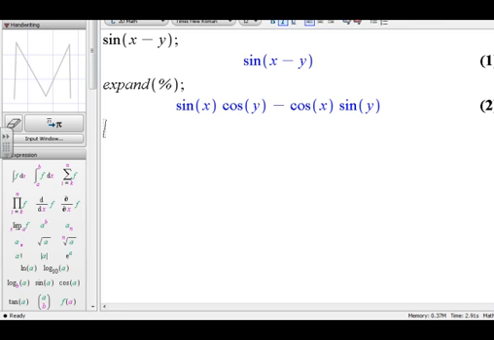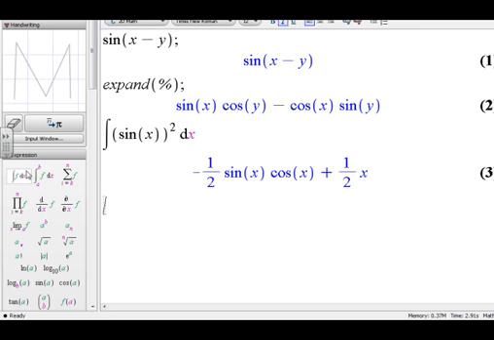We'll go back to Maple again. So I want the integral of sine x squared, and we'll put parentheses there and here. All right, that's what I thought it was. So 1/2 x minus 1/2 sine x cosine x.